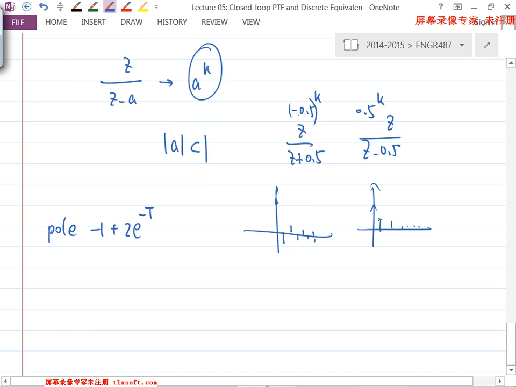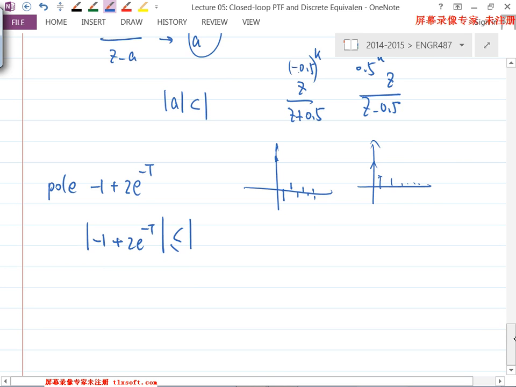And as we said, we want our pole to be less than 1. Mathematically, this means this guy is less than 1 and this guy is greater than -1. So absolute value less than 1 means this.